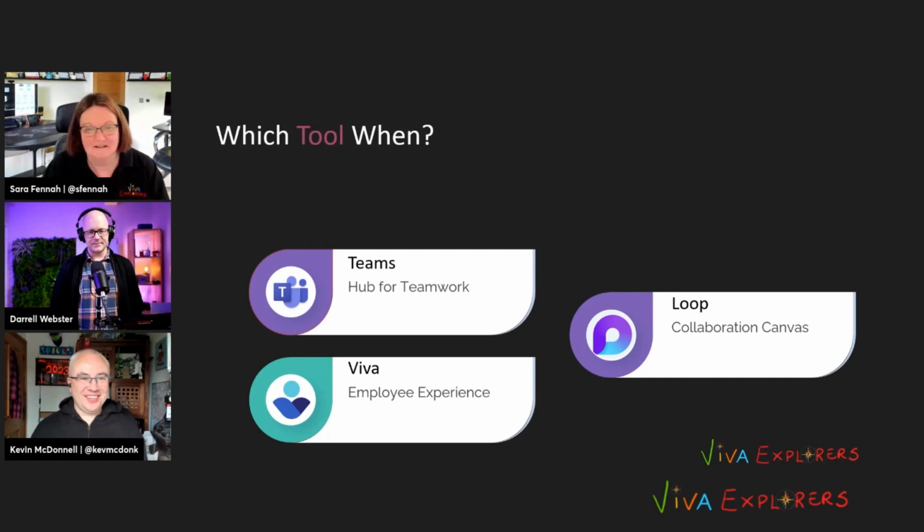Exactly. So, Kevin, we were just describing the differences, and Darrell was saying that there is overlap and it's kind of a loop within a loop. So I'll let you finish that thought, Darrell. Yeah. The way I've been thinking about Teams for some time is yes, it does bring together the places that we work, the conversations we have. It channels them, so it's a familiar construct. We've seen it in other products.